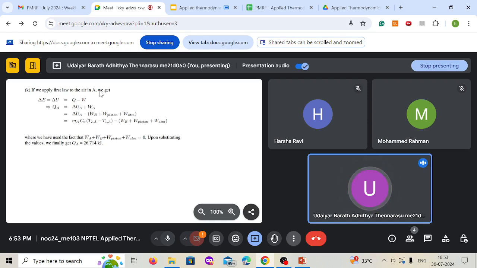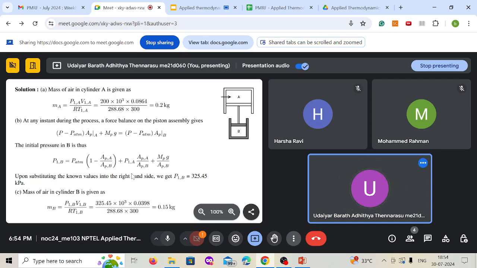So this will become delta UA minus WB plus... if you see, WA is nothing but your net work transfer. Whatever work WA is provided is done in overcoming the atmospheric pressure and also the work done on piston B. So if you see, this is cylinder A, you are giving some heat, because of which cylinder A is producing some work.